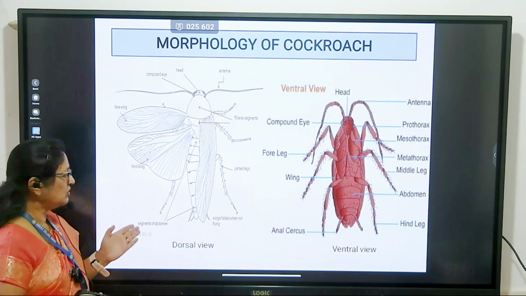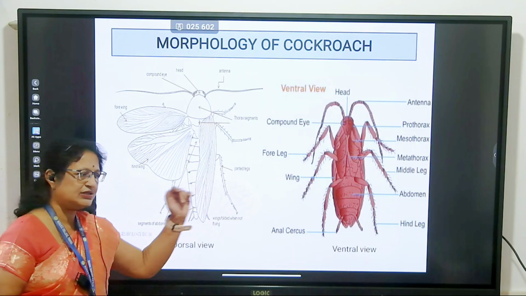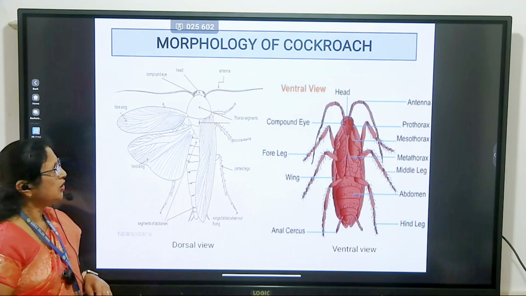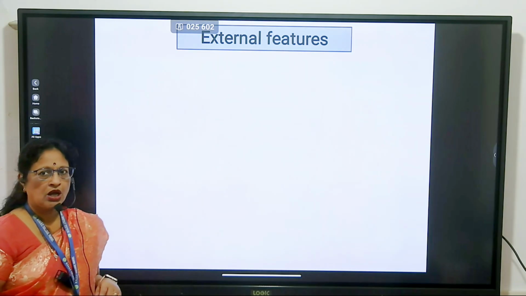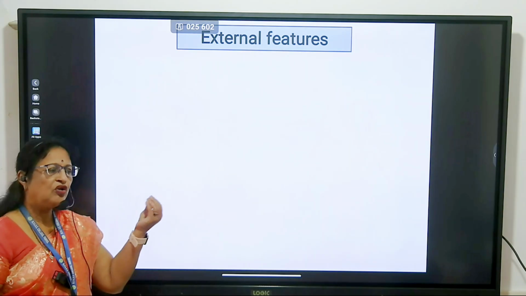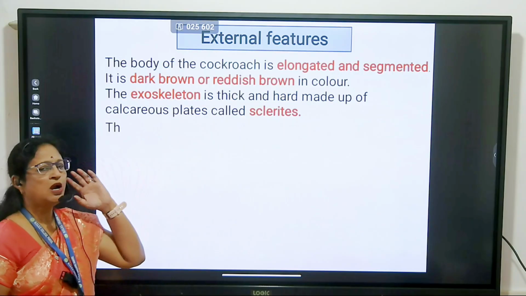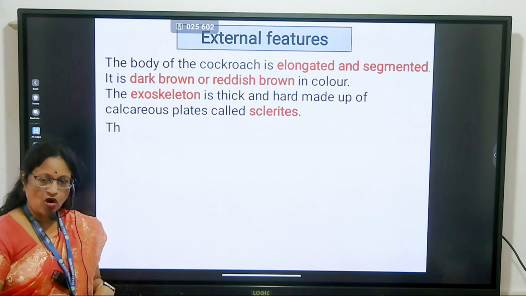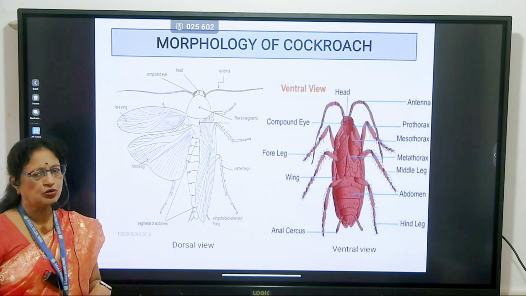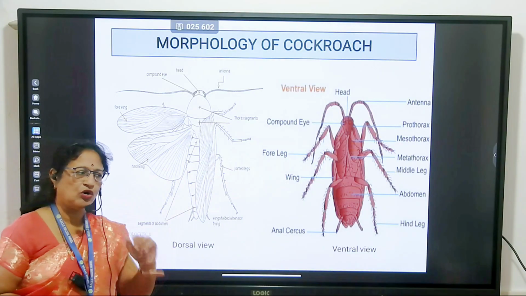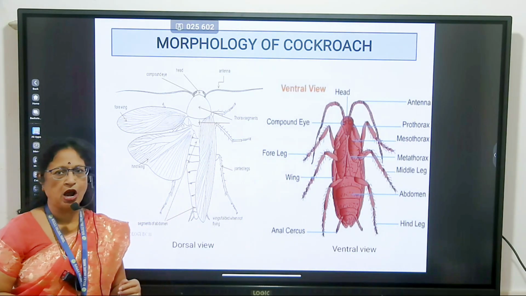So this is the dorsal view of the cockroach and this is the ventral view. Now the morphological characters or external features of the cockroach.